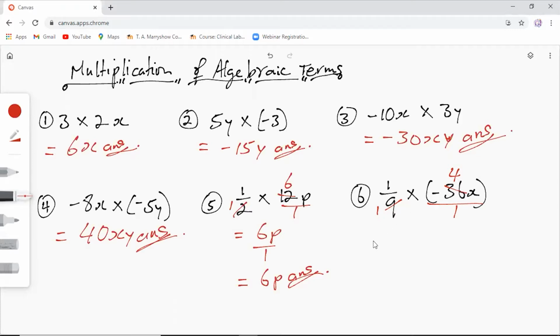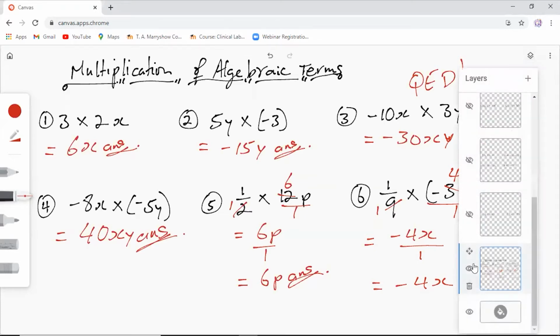We multiply our numerator by our numerator. So 1 times negative 4x is negative 4x, over 1 times 1 is 1. So we get negative 4x over 1, which is negative 4x. Any number divided by 1 is the number itself. So negative 4x is our answer there. Okay, so that was quite easily done.